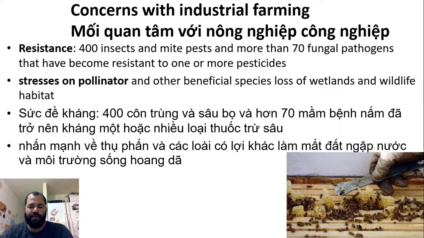Another concern with industrial farming has to do with resistance of insects that are considered pests and other pathogens to the use of pesticides. Currently over 400 insect and mite pest species and over 70 fungal pathogens have developed resistance as the result of the use of the same pesticide year after year.